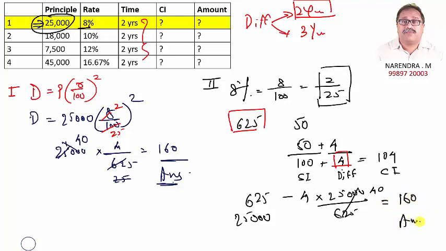This is my answer. Now if you observe that in the previous case, by using the formula approach, we got 160 as my answer. Here also we get 160 as my answer. So which one is an easier one? Now for 8%, 10%, you may not find much difference in the formula method and the fraction method.